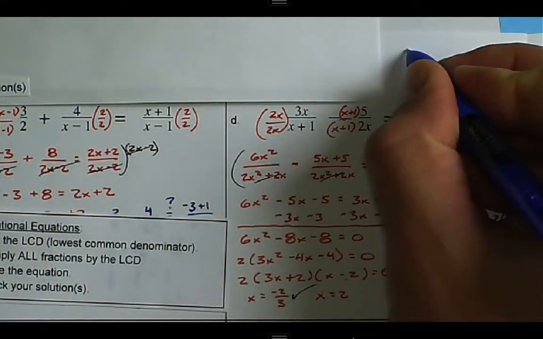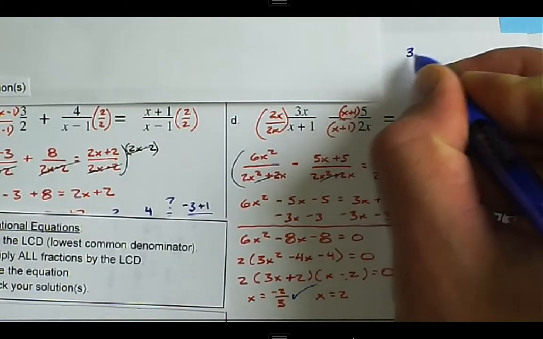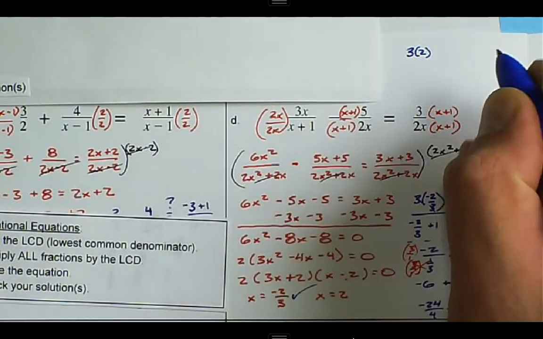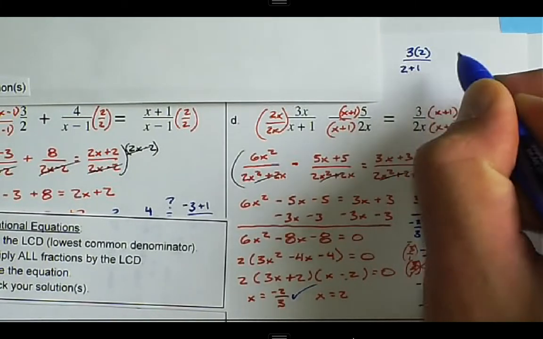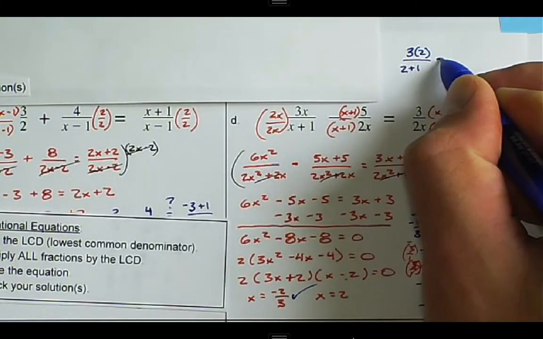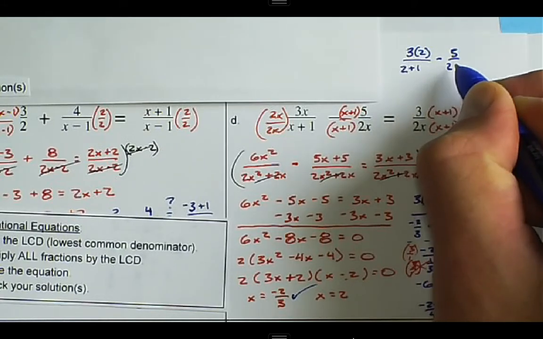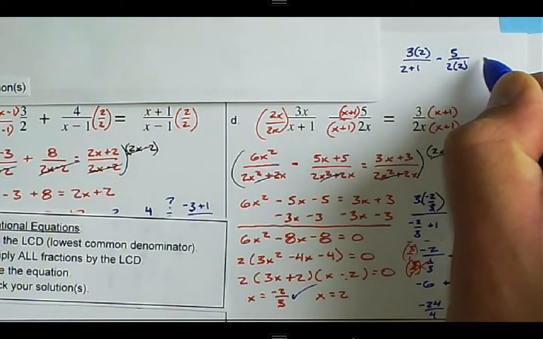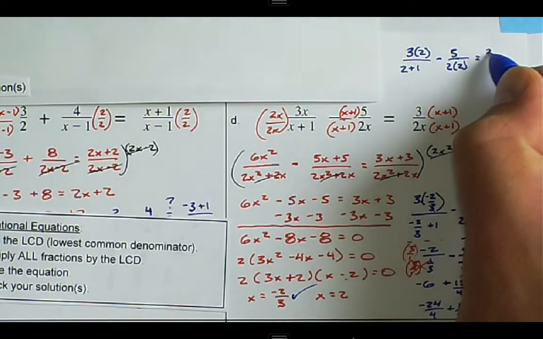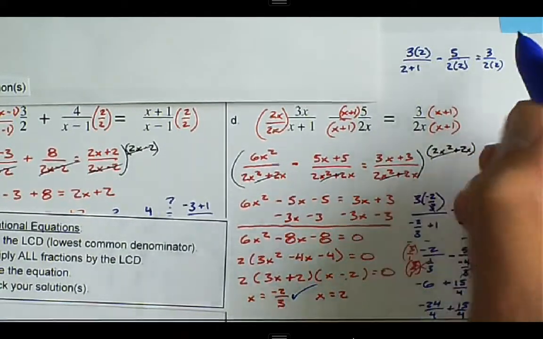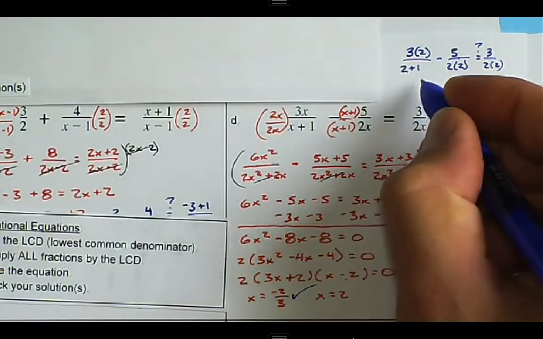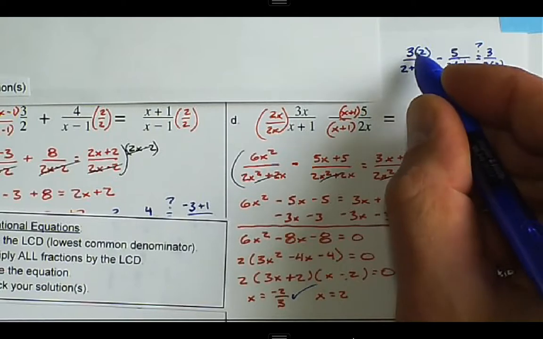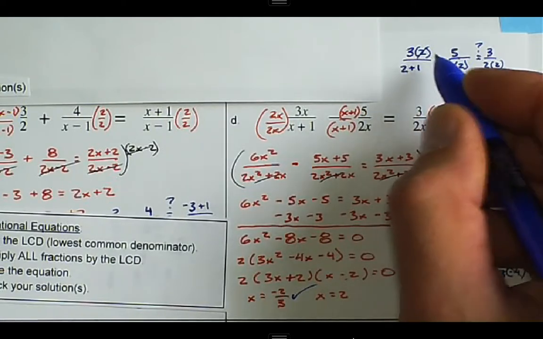So 3 times 2 over 2 plus 1, minus 5 over 2 times 2, is equal to 3 over 2 times 2. And we're checking to see if that does work. And so we get 6 over 3. Well, the 2's cancel.